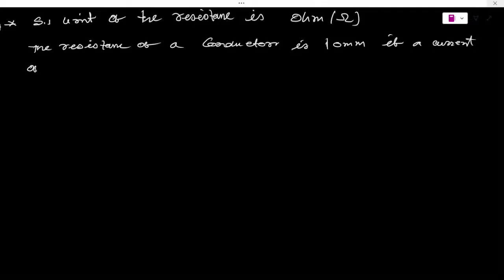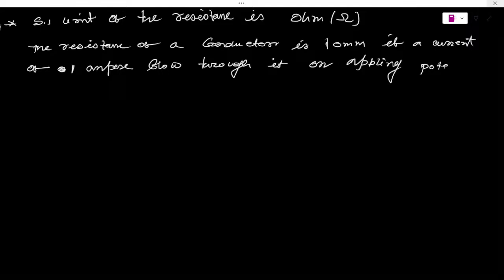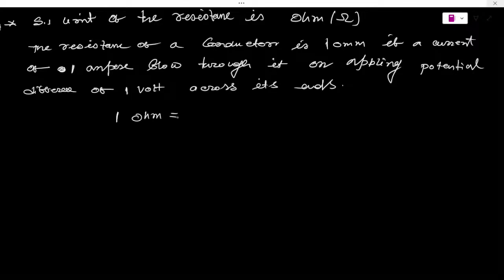If a current of 1 ampere flows through it on applying a potential difference of 1 volt across its ends, then 1 ohm is equal to 1 volt divided by 1 ampere.